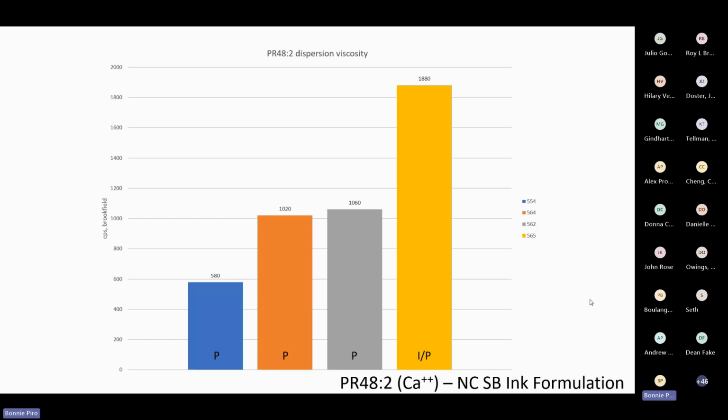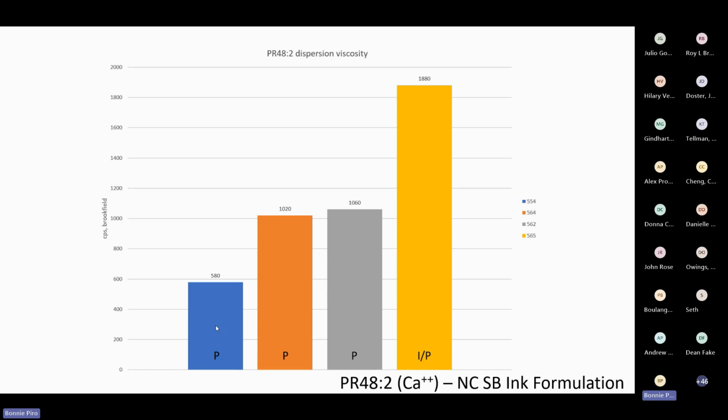Dispersion viscosity, we do see a variety of differences, and this is a very good explanation of how the choice of finishing technique used can impact the technical properties. In this particular case, the 565 product, which was developed for both an ink formulation as well as plastics, has the highest dispersion viscosity.